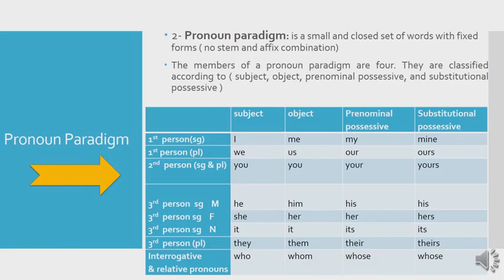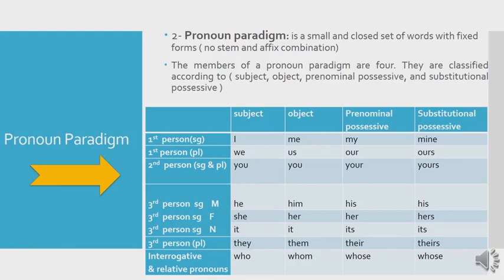The second type of the inflectional paradigms is called the pronoun paradigm. In the pronoun paradigm, we will not have a stem plus inflectional affixes like the noun, the verb, and the comparable paradigms. Here, we will have closed words with fixed forms, pronouns.